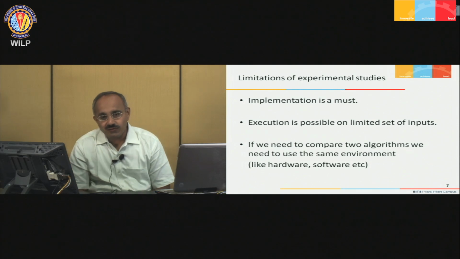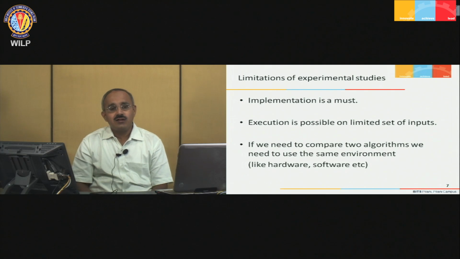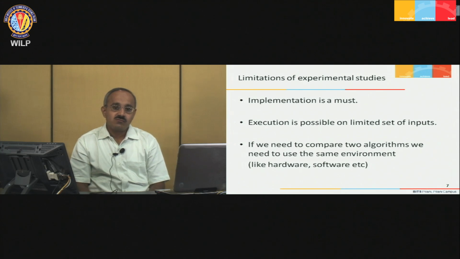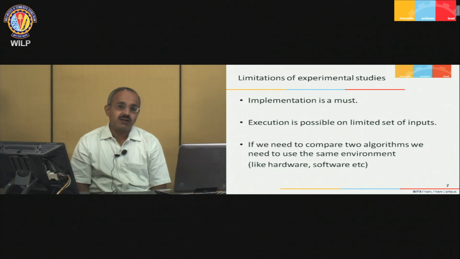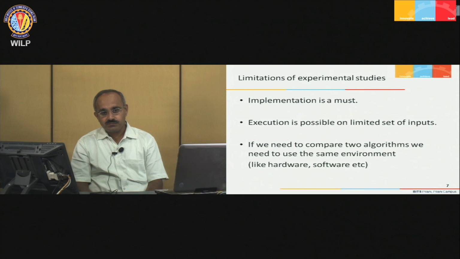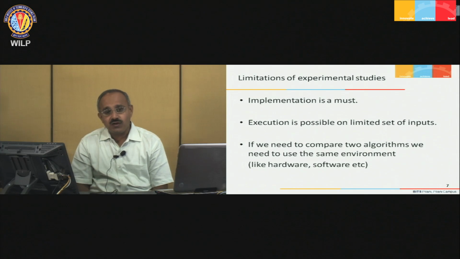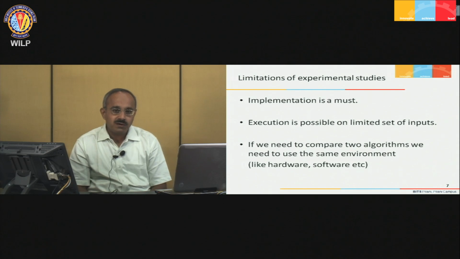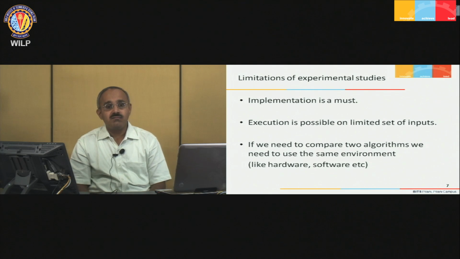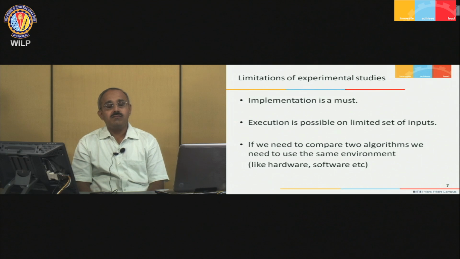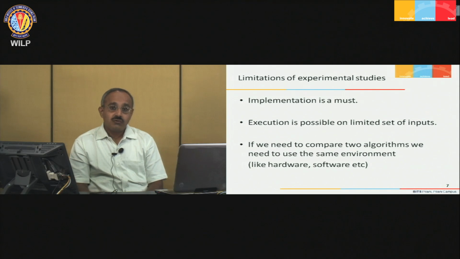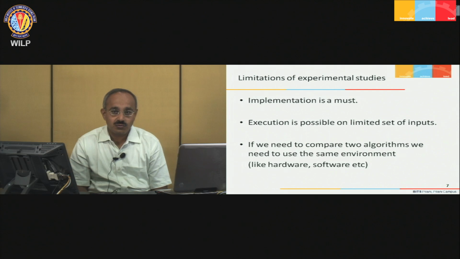There are obvious disadvantages of this experimental study. One needs to implement first before deciding which algorithm is better. If I have 10 solutions to a problem, to understand which is better, one will have to implement them, experiment with them, and then decide, which is going to be quite time consuming.